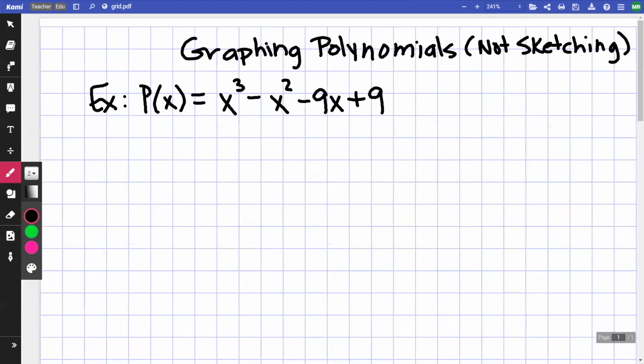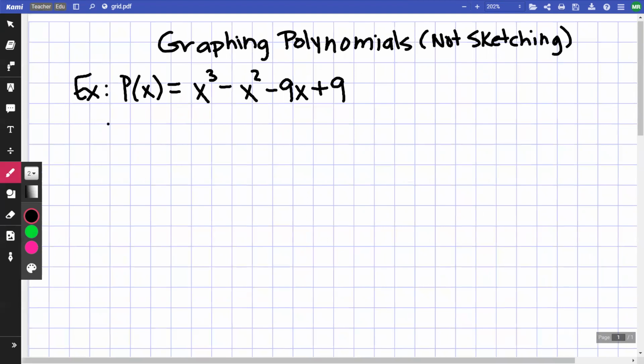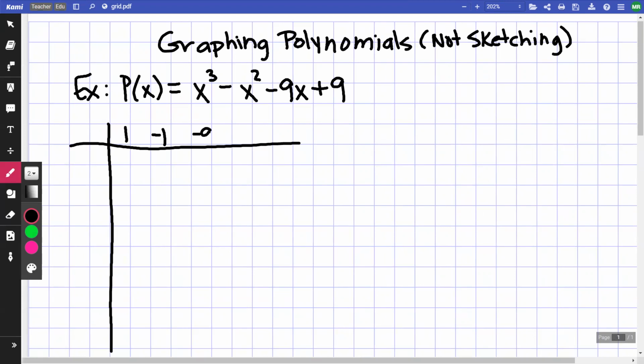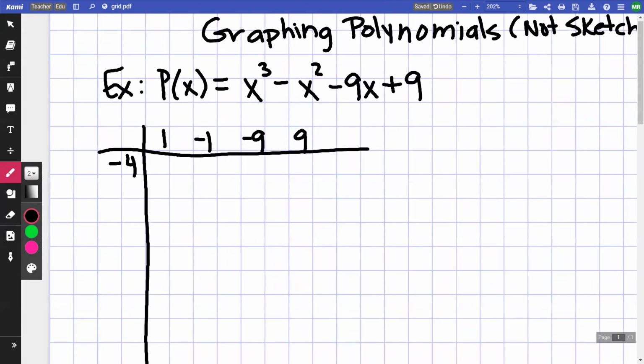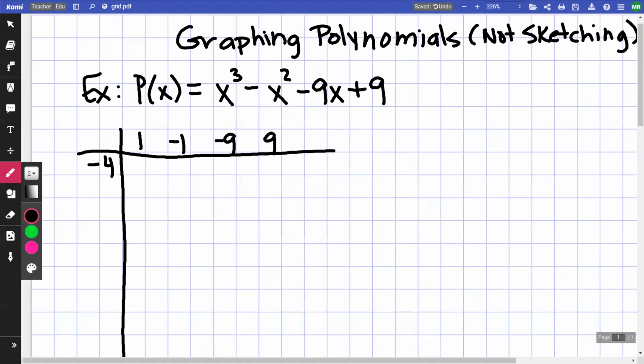Okay, so I'm going to make a table. I'm going to have 1, -1, -9, 9. And again, let's say I start with a -4 and just see what happens from there. When I am doing this, I bring down my first number.